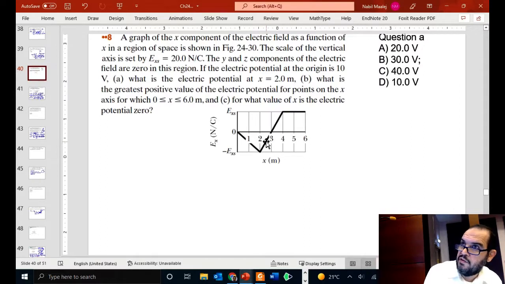Okay, the scale of the vertical axis Exs is 20 newtons per coulomb. Okay, the y and z components of the electric field are 0. Okay, if the electric potential at the origin at x equals 0 is 10 volts, what is the electric potential at x equals 2 meters? What is the electric potential at x equals 2 meters? 2 minutes for this one.